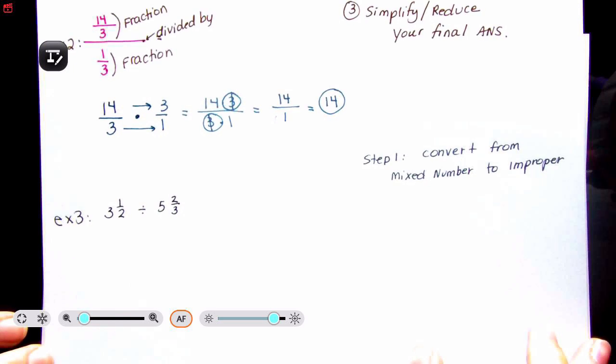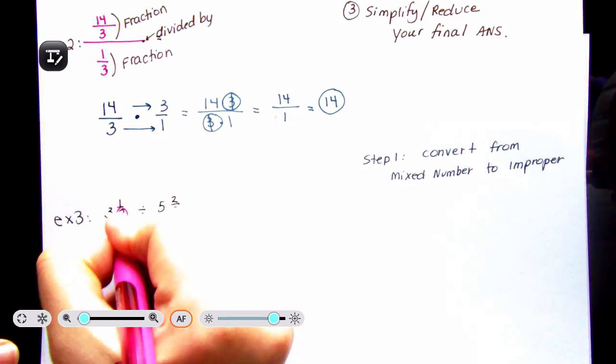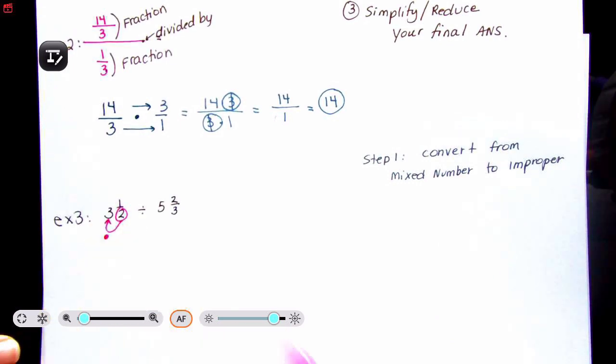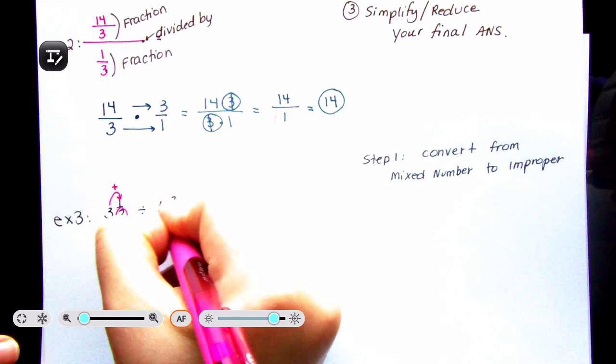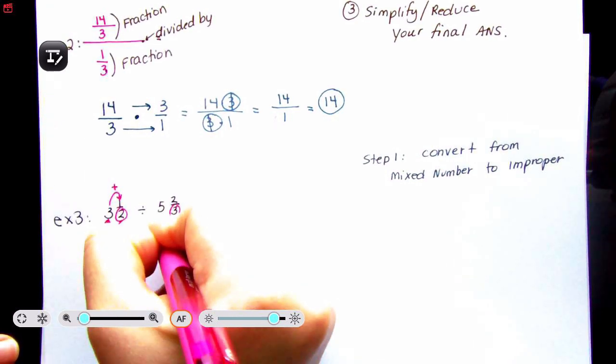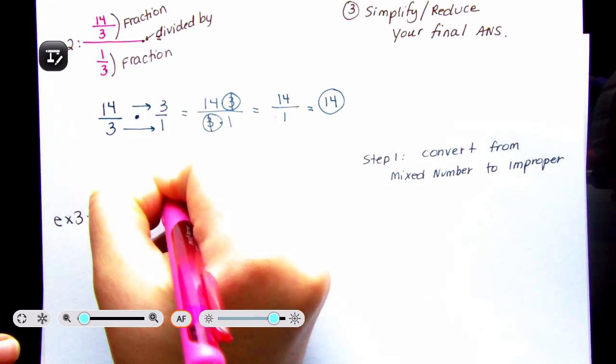How do you do that? You take your denominator, multiply it by your whole number, and add that to your numerator.